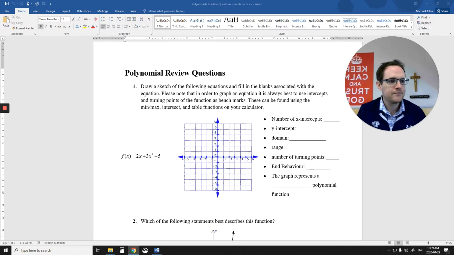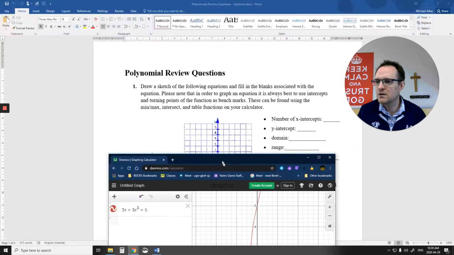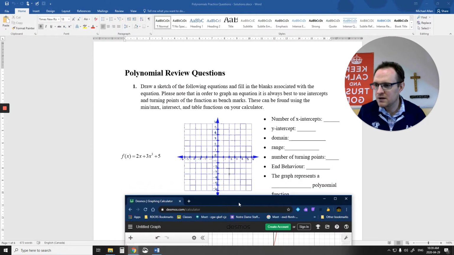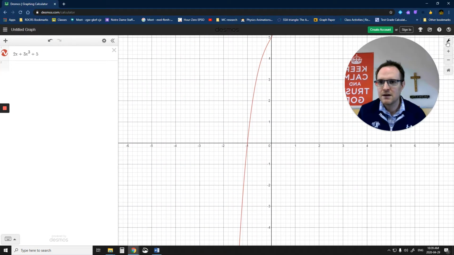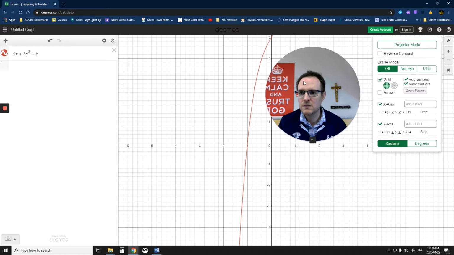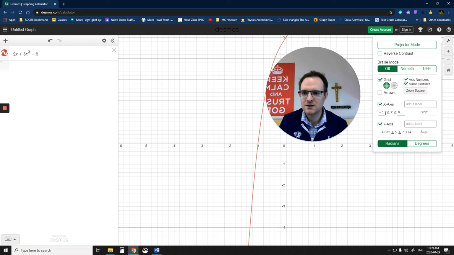I want to get my window to be the same as that one there. The window that we have is from -6 to +6. I can go to the little wrench and set it from -6 to +6, that's a pretty good step.